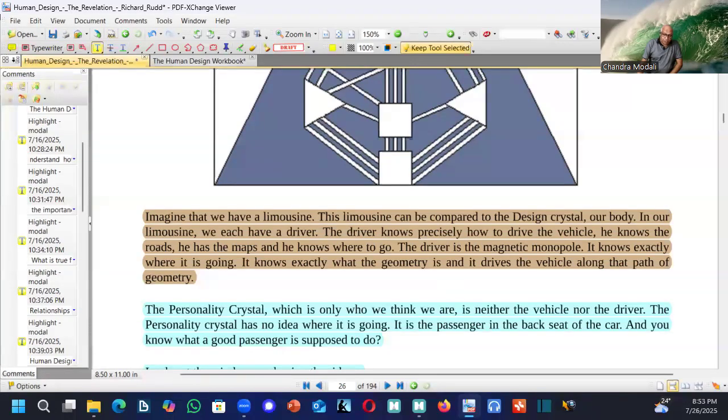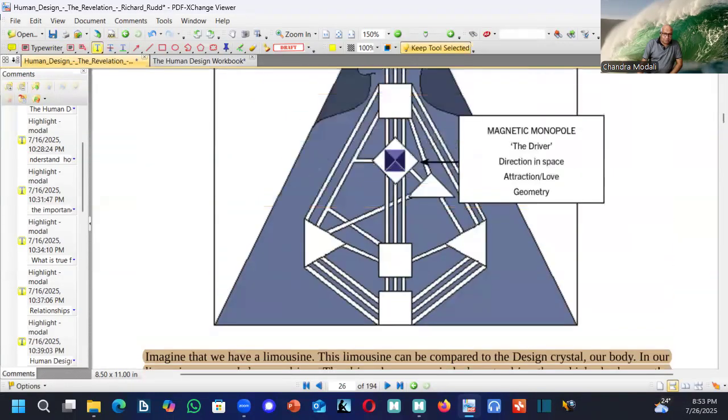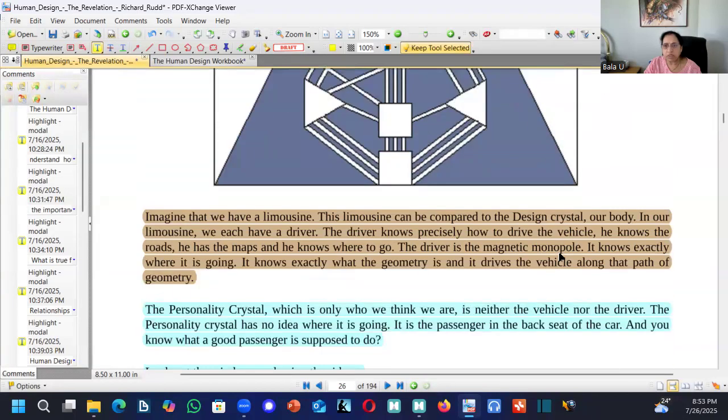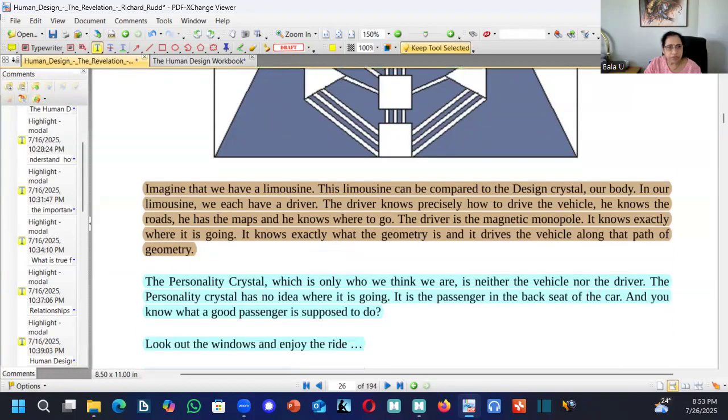That is more like your soul. Yes, also your design crystal. That is what he calls the driver. The personality crystal, which is only who we think we are, is neither the vehicle nor the driver. The personality crystal has no idea where it is going. It is the passenger in the back seat of the car. And you know what a good passenger is supposed to do? Look out the windows and enjoy the ride.